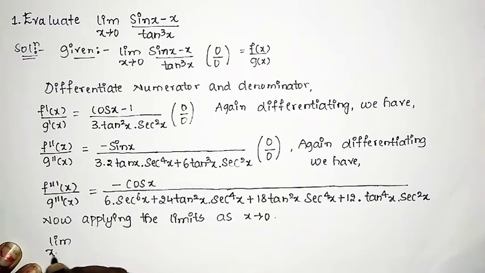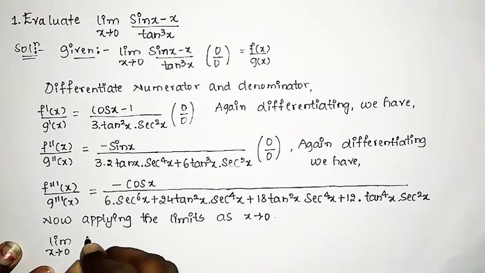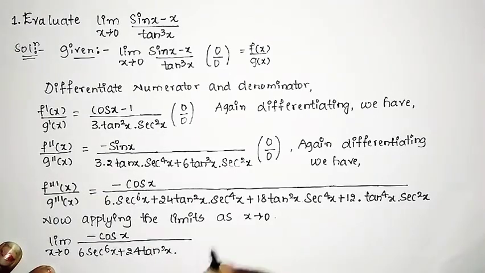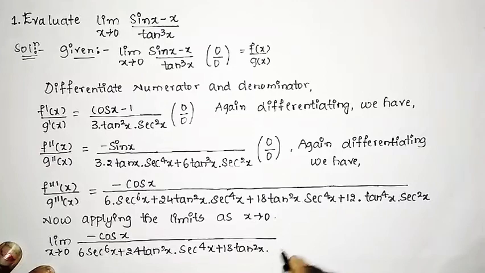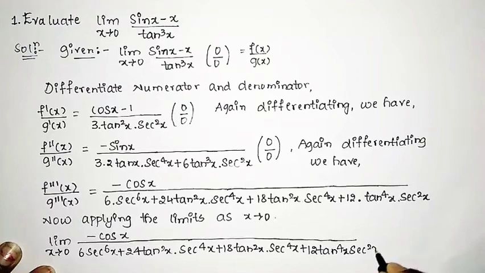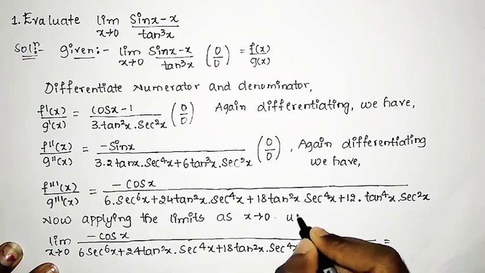Therefore, limit as x tends to 0 of minus cos x divided by 6 into sec raised to 6x plus 24 tan square x into sec raised to 4x plus 18 tan square x into sec raised to 4x plus 12 into tan raised to 4x into sec square x. Now we need to apply the limit as x tends to 0.